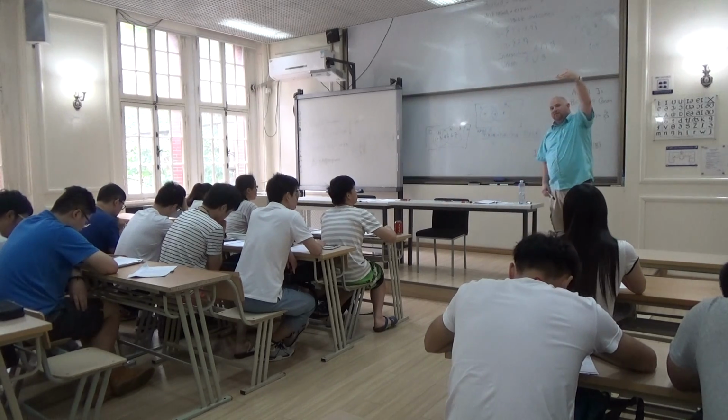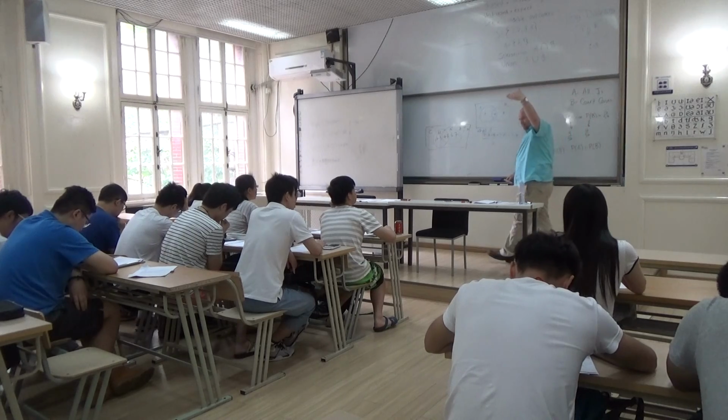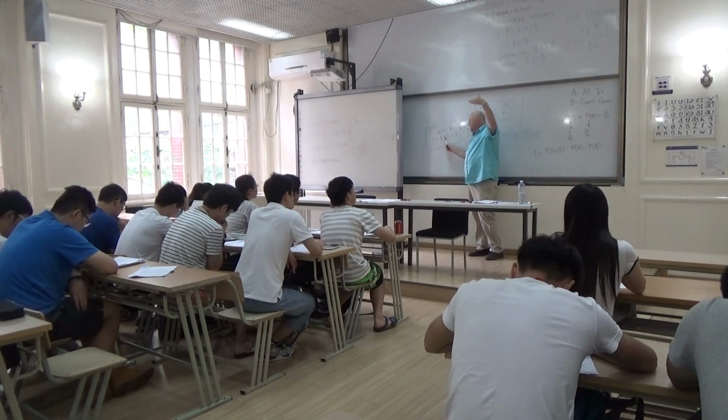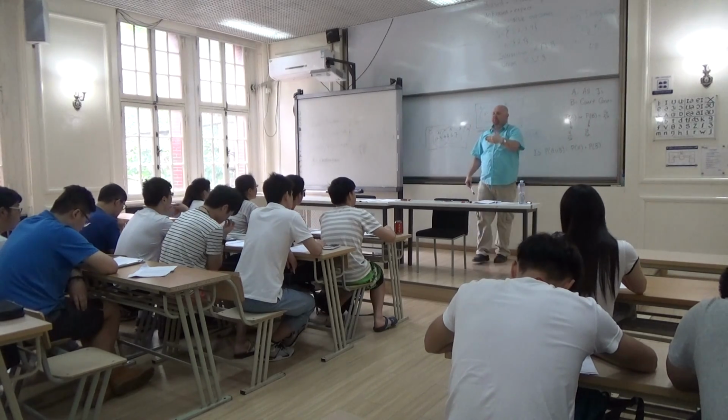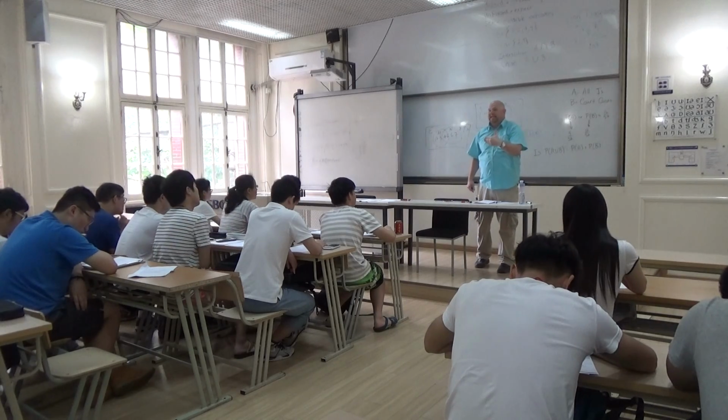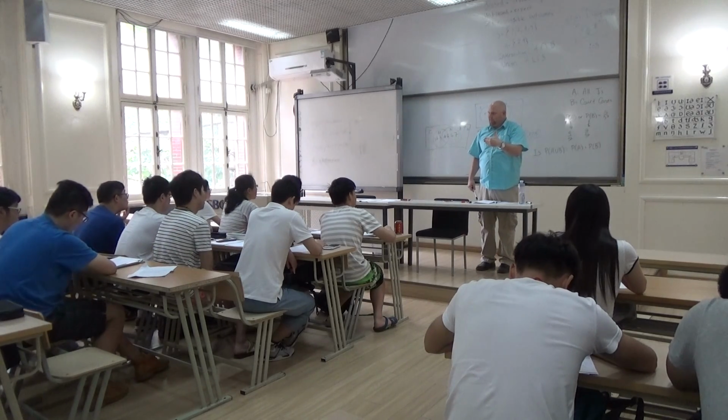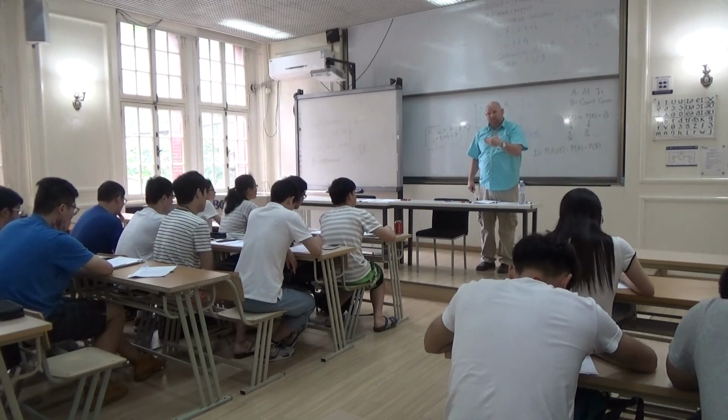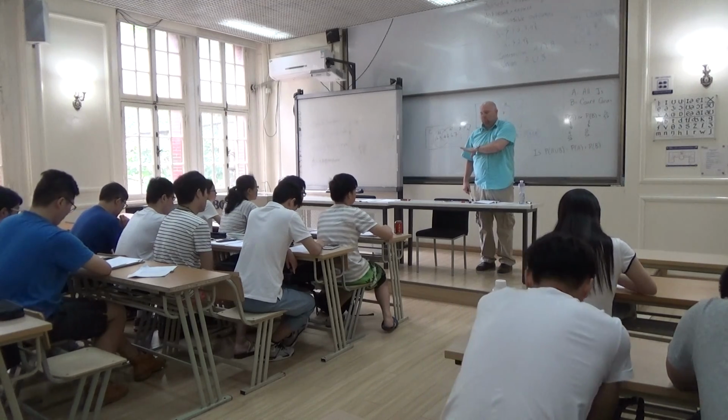How many numbers are in M and N? 2. The top number is 2. What is the bottom number? 8. So the odds are 1 to 4.